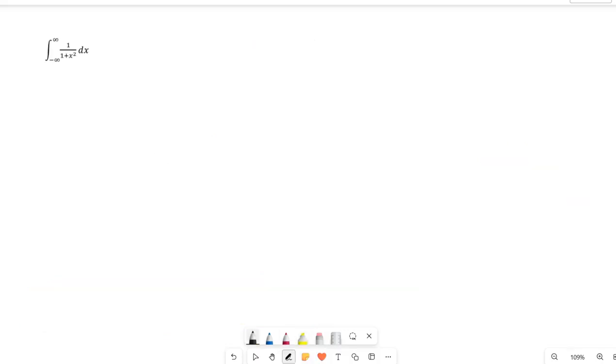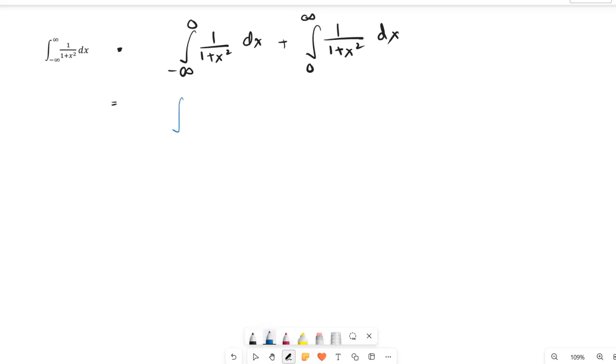Here, the problem is both the upper limit and lower limit are infinities. So first of all, we're going to split this integral into two by finding some middle number. I found 0 to be an easy one. Okay. And I'm going to replace this negative infinity by a. Upper limit stays the same and the integral stays the same.